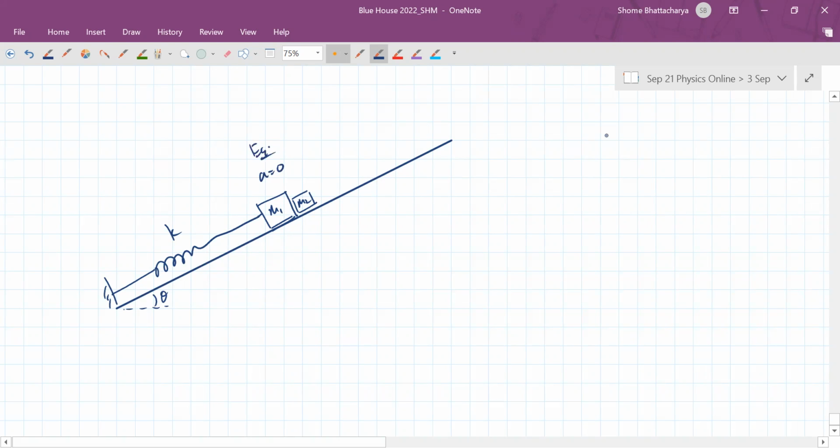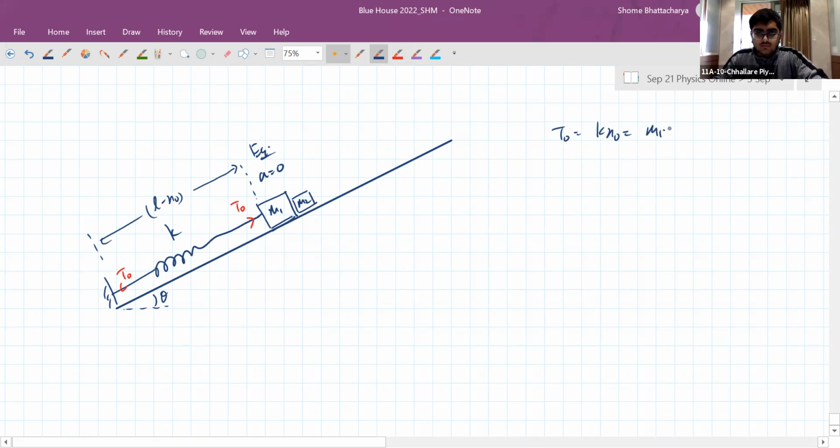So this is my equilibrium state. So what is the equilibrium position of the spring? We'll have a compression of the combined weight into sine theta. The tension in the spring should be that much. Okay, so Piyush, this part is clear.